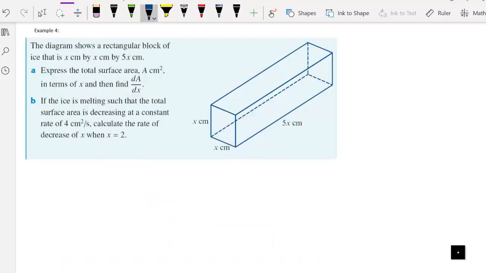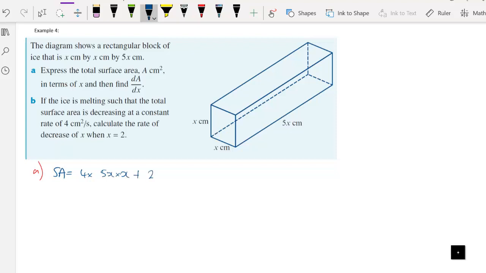Okay, so if we look at this next example, we've got a diagram that shows a rectangular block of ice that is x centimeters by 5x centimeters. We want to express the total surface area in terms of x, and then find dA dx. So part A is breaking it down for us a little bit in this one. For surface area, we'll have 4 lots of this 5x by x, so 4 lots of 5x multiplied by x.